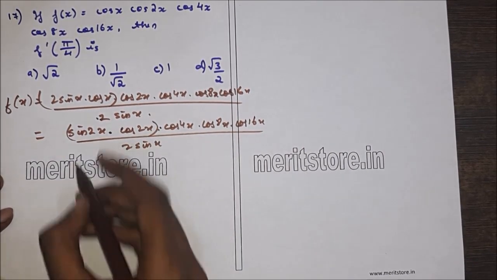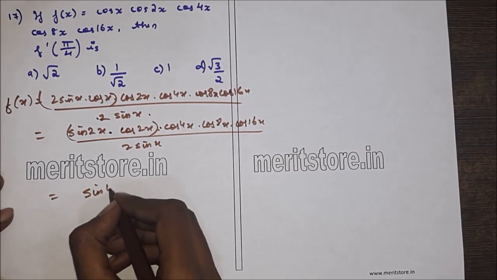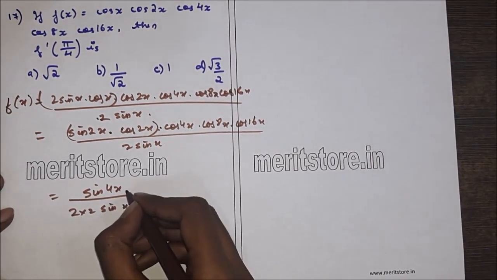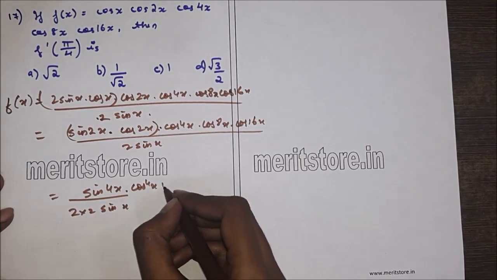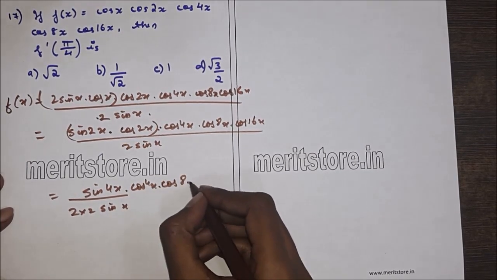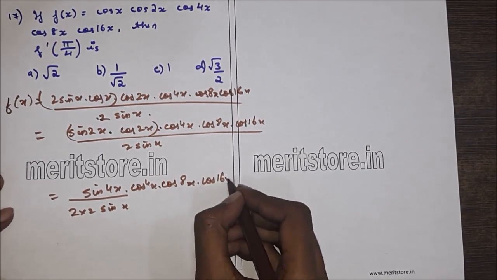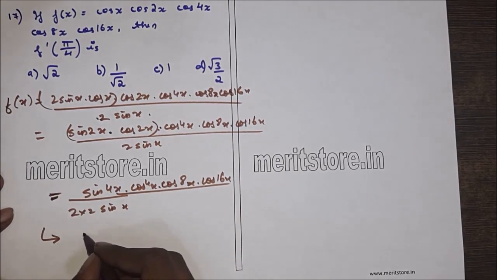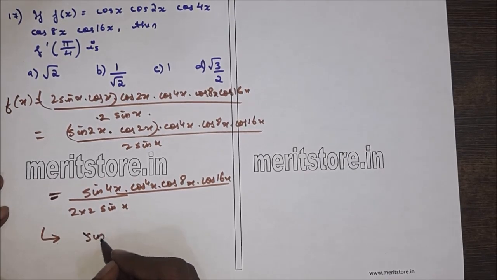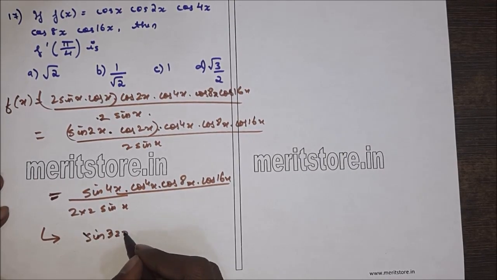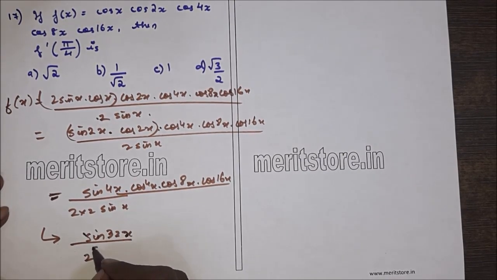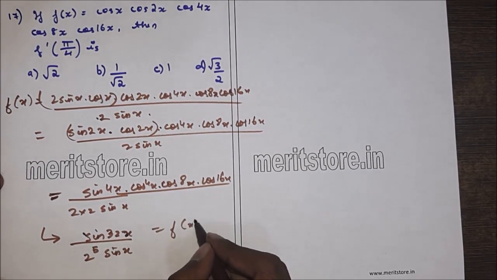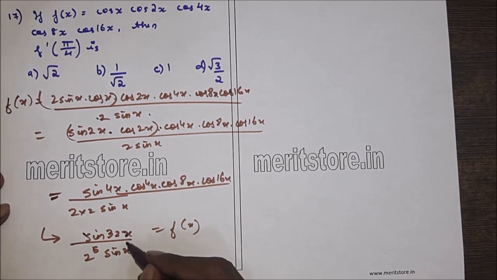Again this can be written as sin 4x by 2 into 2 sin x, into cos 4x cos 8x cos 16x. Continuing this process, we finally get sin 32x divided by 2 raised to 5 sin x, which is f of x. Now we differentiate with respect to x.